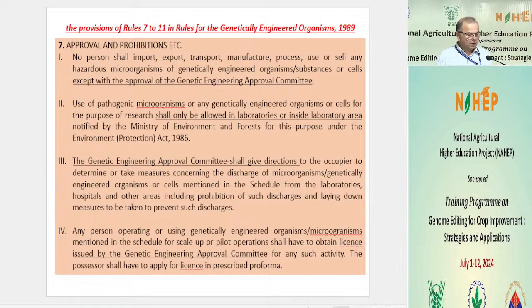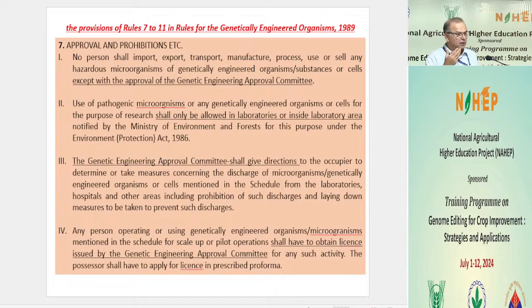Okay. Then the GEAC shall give directions to the occupier to determine or take measures concerning the discharge of genetically engineered organisms or cells mentioned in the schedule from the laboratories, hospitals and other areas, including prohibition of such discharges and laying down the measures to be taken to prevent such discharges. Means you cannot give it to anybody.